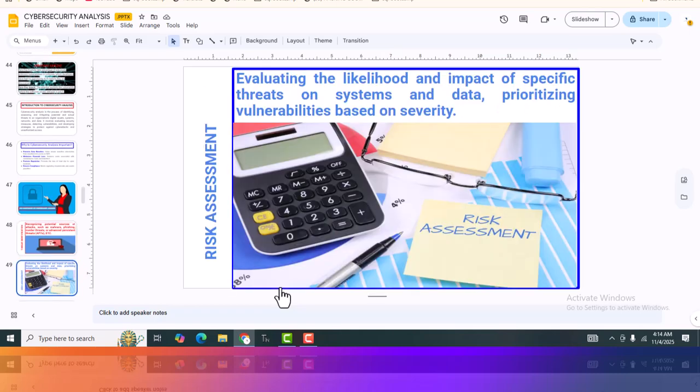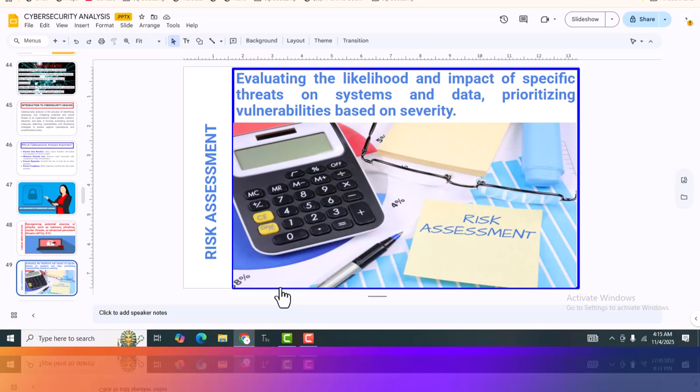The second thing is risk assessment. We evaluate the likelihood and the impact of such an attack or threat to the organization, to the devices, to the network, to the infrastructure. So we identify the risk and its likelihood, then we can prioritize our response, depending on whether the risk is low, medium, or critical.